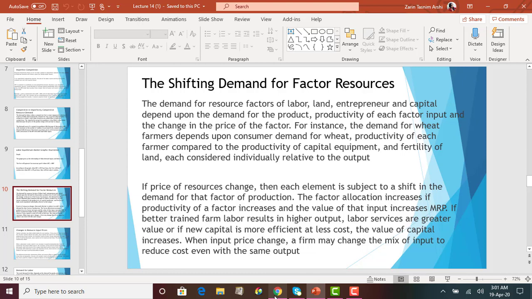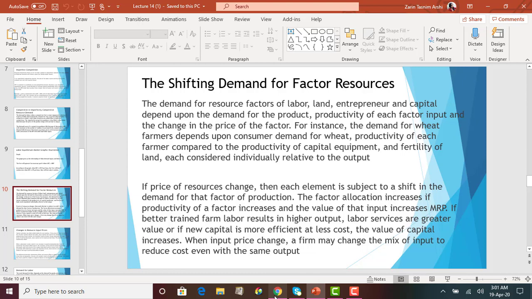In that case, when input price changes, a firm may change the mix of inputs to reduce cost even with the same output. So what it's trying to say is, if the price of labor and capital changes, let's say the price of labor remains the same but the price of capital goes down, what producers will try to do is increase the use of capital and decrease the use of labor and produce the same quantity of output, because in the factor market, labor and capital are often considered substitutes.